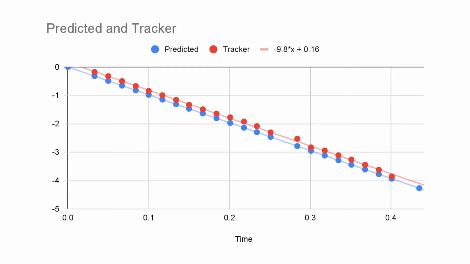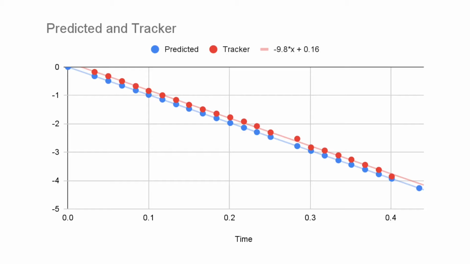And if you look at the legend, there is the equation of the line of best fit, which shows that the slope of the red line is negative 9.8 times x, which in this case is time. So this gives us a remarkably good fit for the motion.